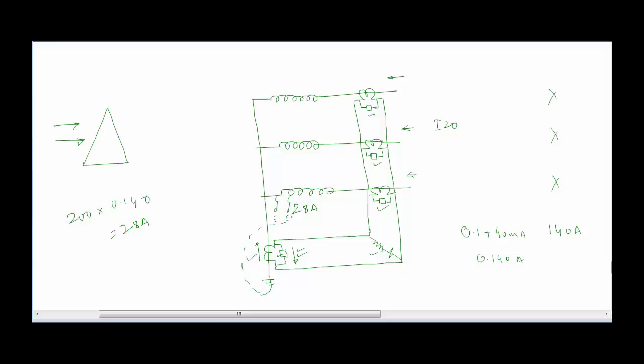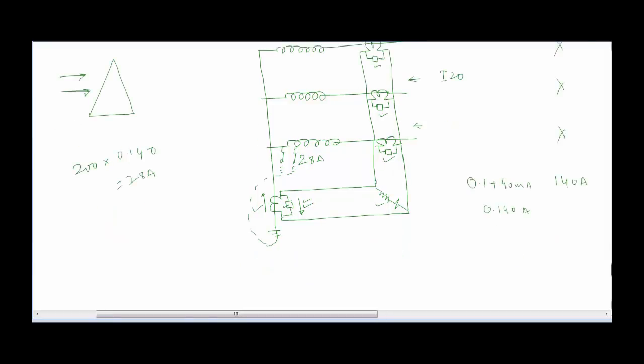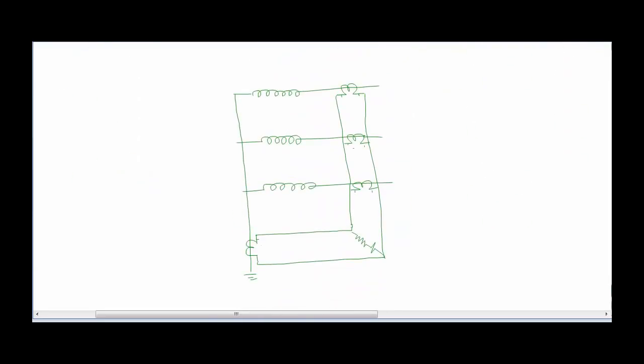Now before we bring REF protection into service, we have to perform some tests on the REF circuit, which is known as the stability of the REF relay. So let us see how we are going to perform the REF stability test. For that, we simply have to short all these terminals which are lying outside the CT, meaning the terminals after the CT, and then we are going to apply a single phase AC in this way.